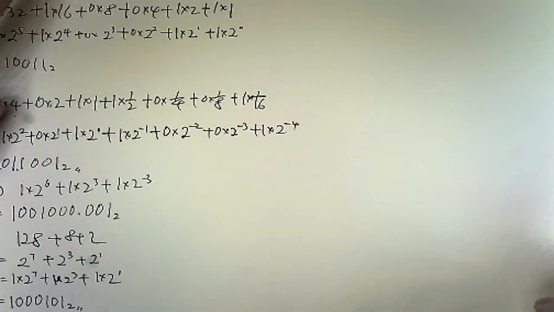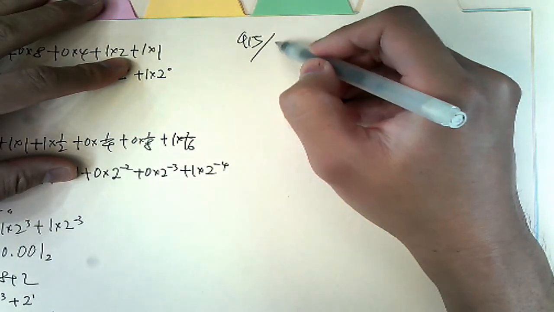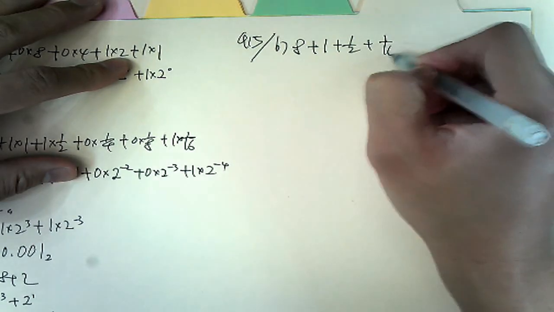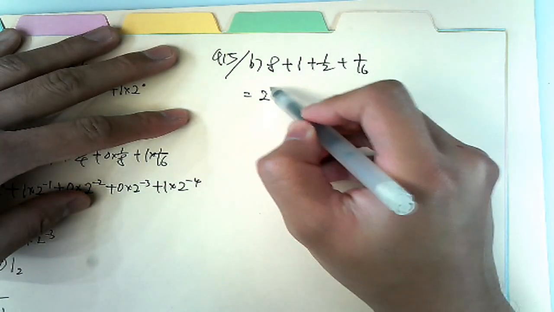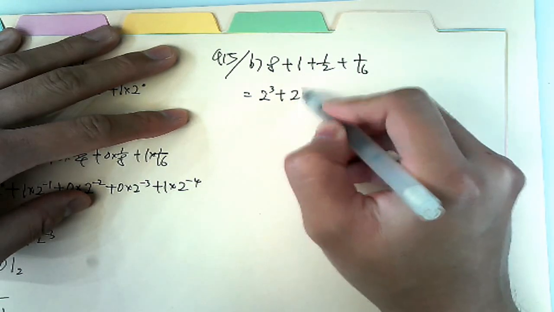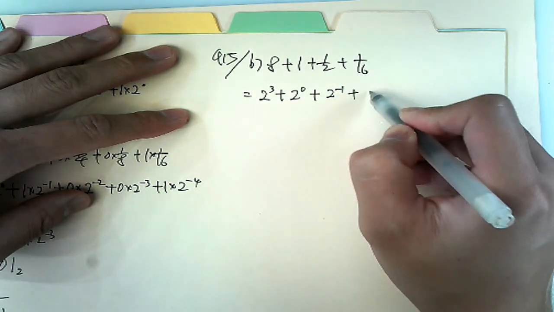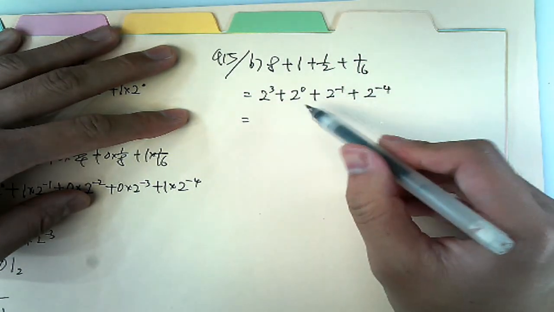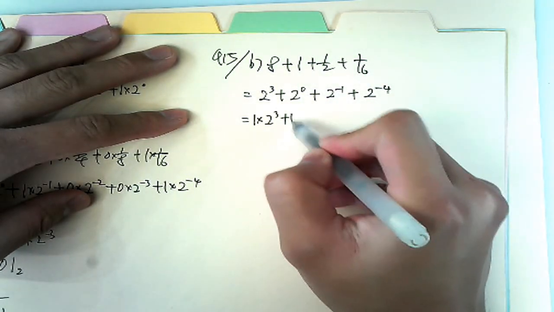So I'll do one more. The 15, I'll do B, 8 plus 1 plus 1 half plus 1 over 16. So for the 8, you make it 2 to the power 3, right? For the 1, you make it 2 to the power 0, this is 2 to the power minus 1, and then this is 2 to the power minus 4. Put some 1s here.